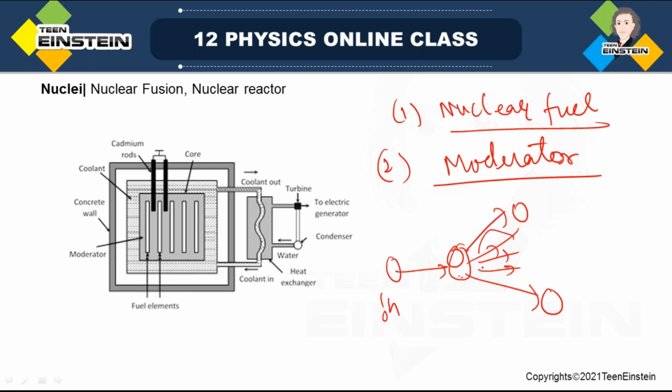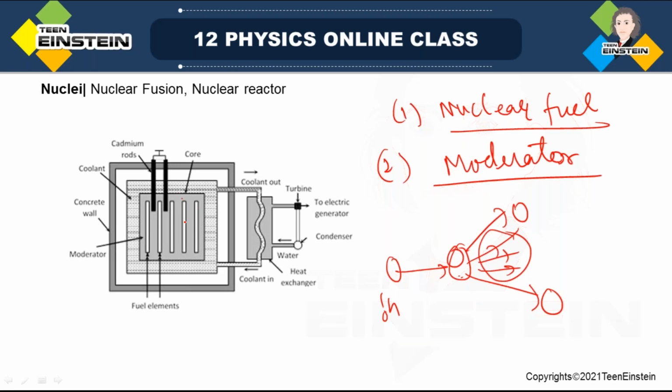These fast neutrons have a tendency to escape the nuclear reactor itself. So to keep them, we have to slow them down. That's why a moderator is used to slow down the fast neutrons, so that they become thermal neutrons, and thermal neutrons take part in the fission reaction.